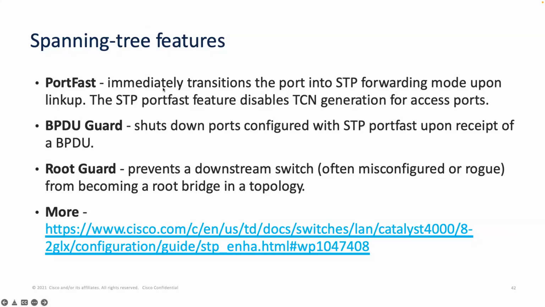Another benefit of the PortFast configuration concerns the topology change notification, also referred to as TCN. TCNs are generated when there's a topology change, including enabling or disabling a port. A series of actions happens on the switch upon receiving a TCN.